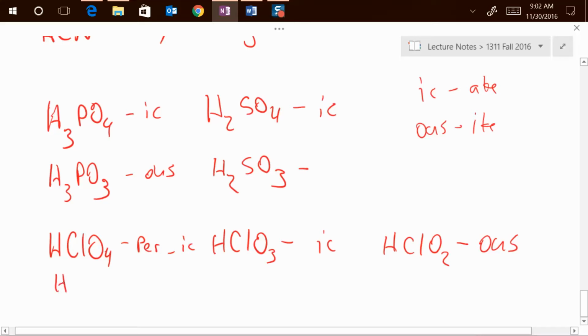What's this one? Nope. Still has oxygen. If it was just HCl, it would be hydrochloric.